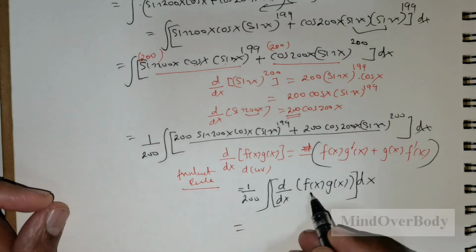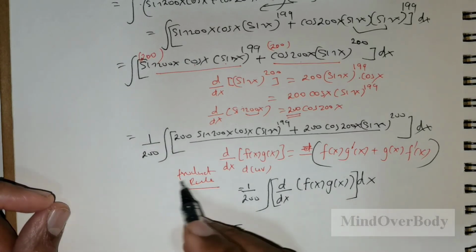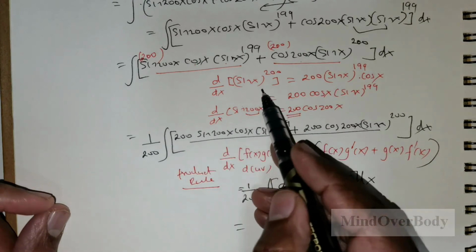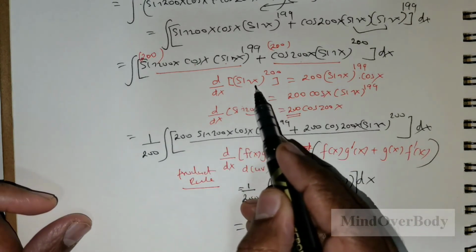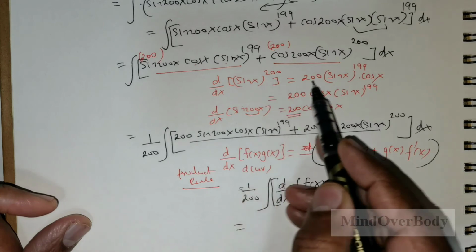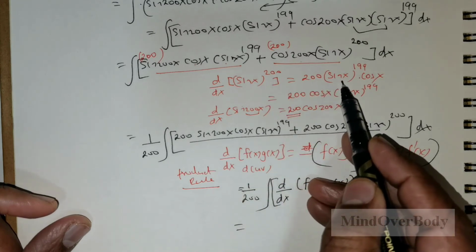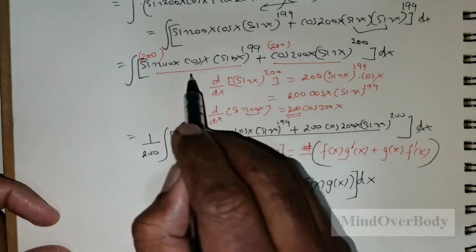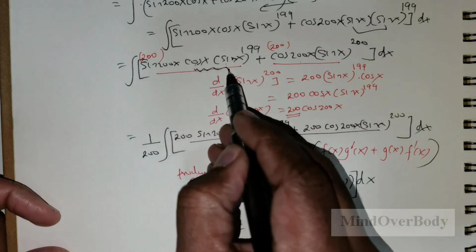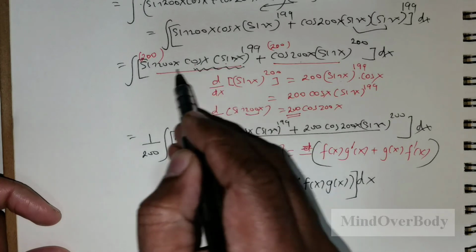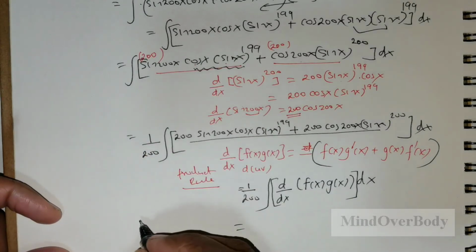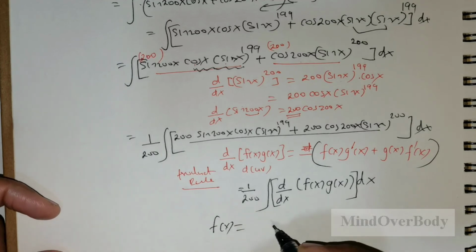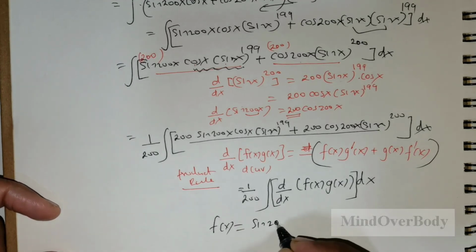So my problem is completed if I know what is f of x and what is g of x. Now the first part, you see here, the differential of sin x raised to the power 200 gives me 200 times sin x raised to the power 199 times cos x. So you have what is present here as g dash of x. So this first quantity is going to be my f of x. So clearly I can write it here, f of x is going to be sin of 200x.